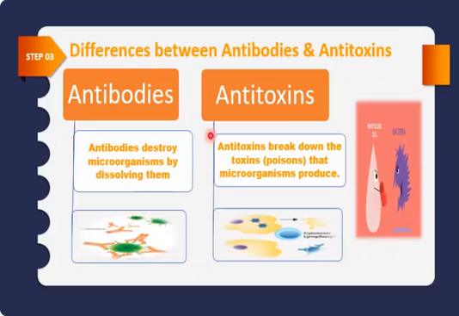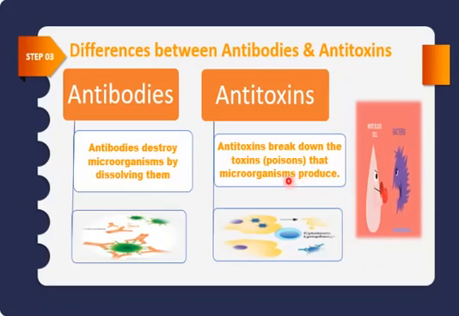Next, antitoxins are also produced by white blood cells. Antitoxins break down the toxins. Toxins are the poisons produced by the bacteria present in the cell, and the poison produced by these microorganisms is really harmful to the body.